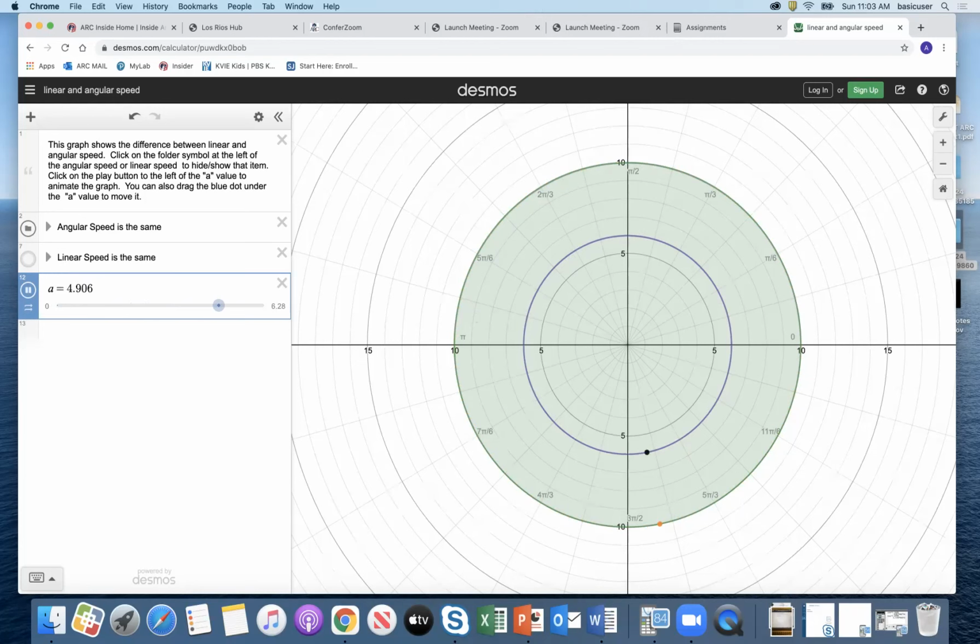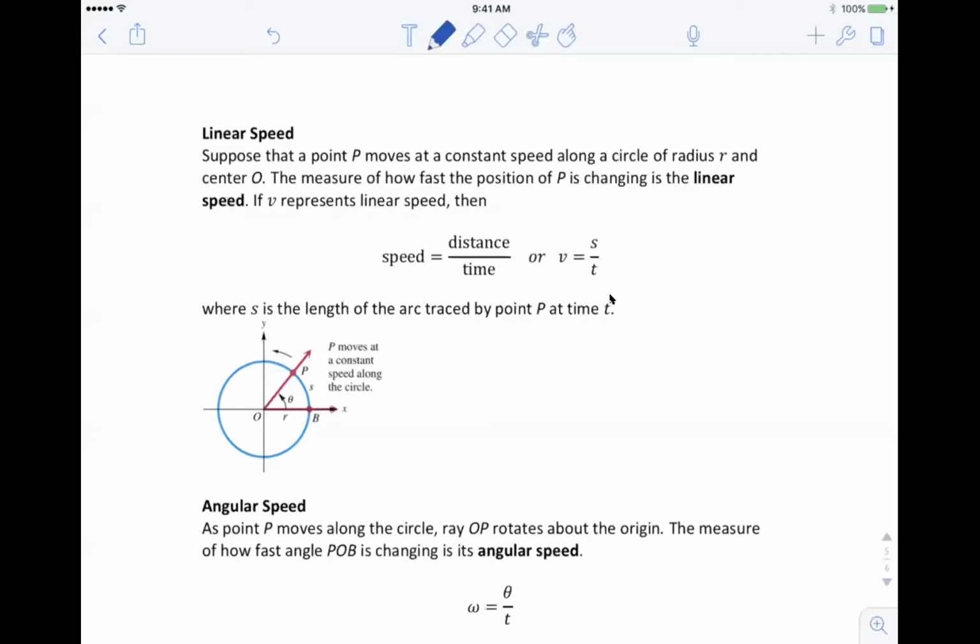Your formula for linear speed or linear velocity is the same as you've probably seen before. It's the standard distance divided by time, or we could just call that s over t. That's the formula we'll use.